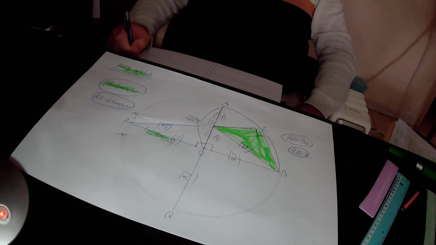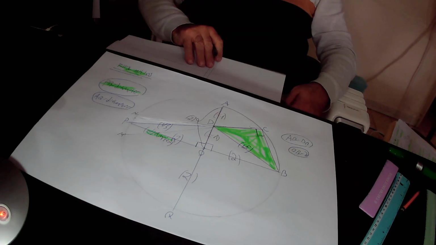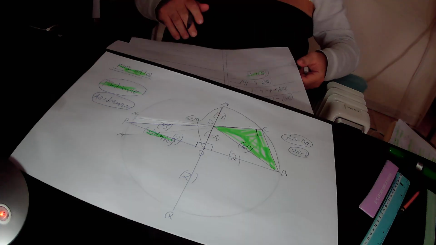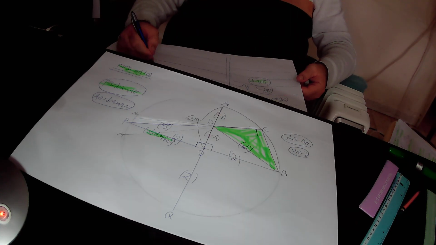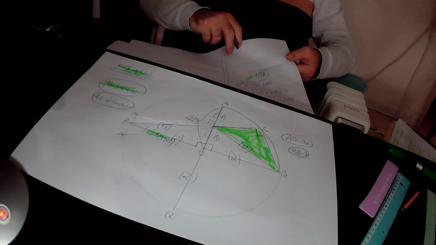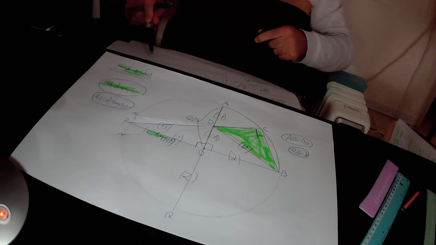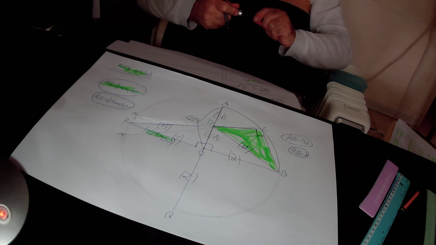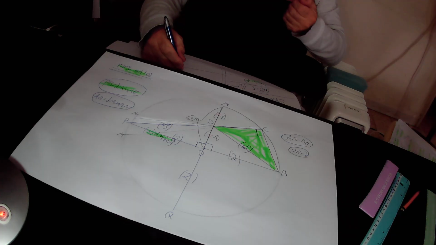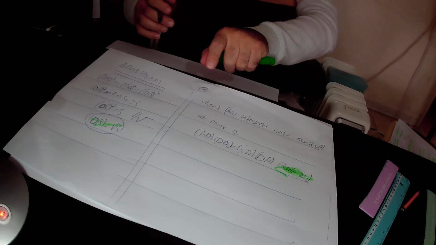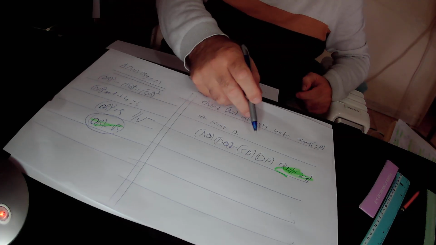And again, according to Rule 24, the following equation is true: AD times DQ equals CD times DP.